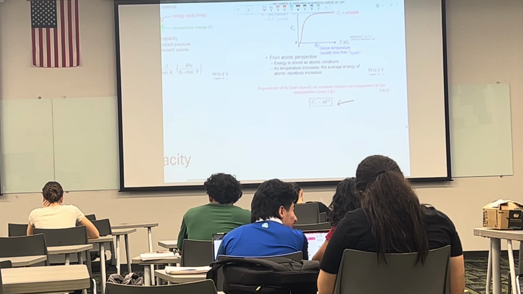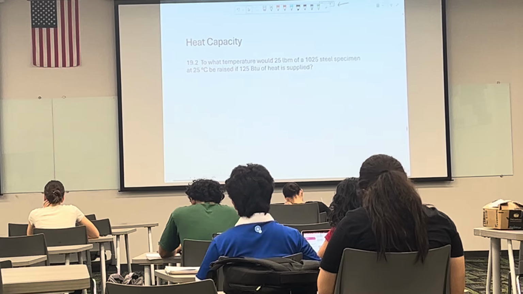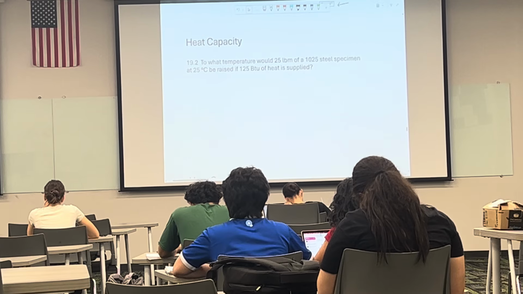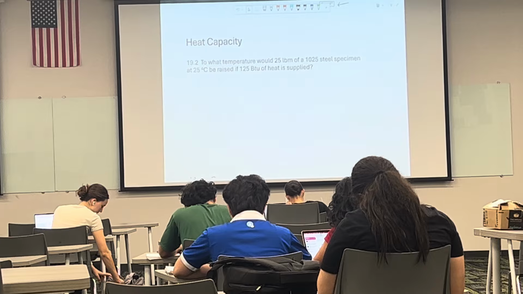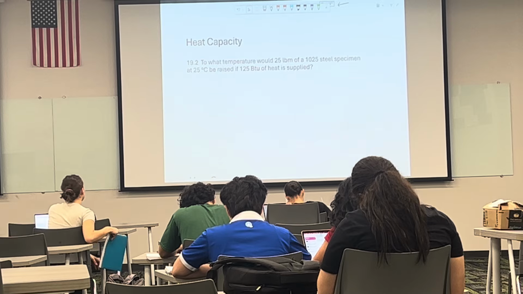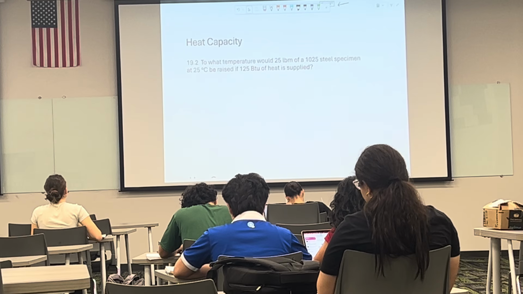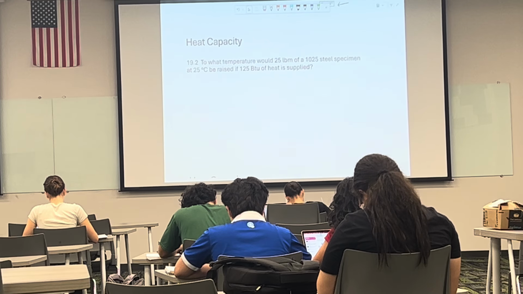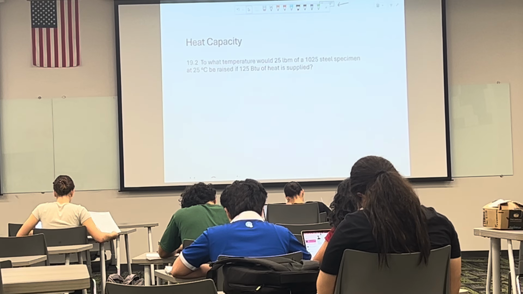Okay, so that being said, I think this one is not too bad. I don't think too many people missed this one, but we'll go ahead and go over it. This question is: to what temperature would 25 pound-meters of a 1025 steel specimen at room temperature be raised if 125 BTU of heat is supplied?